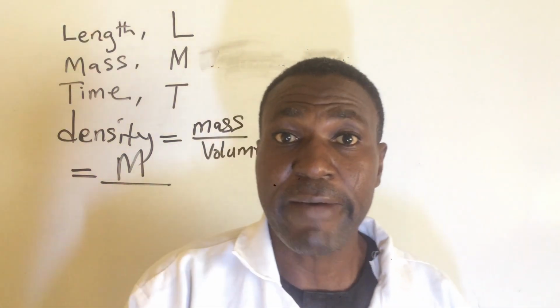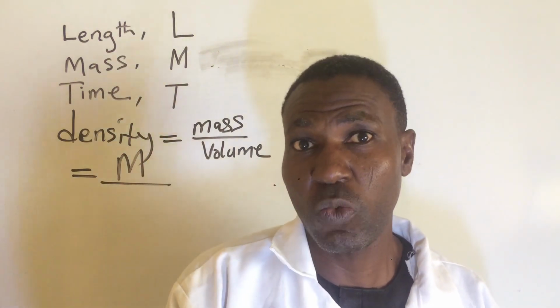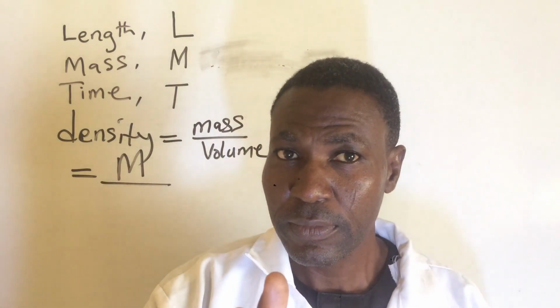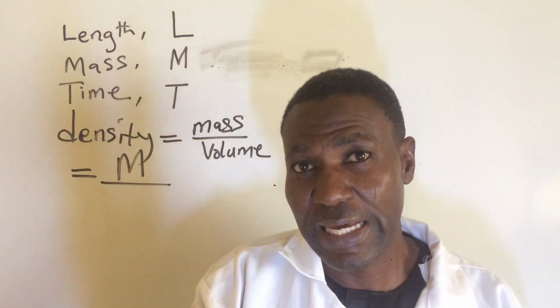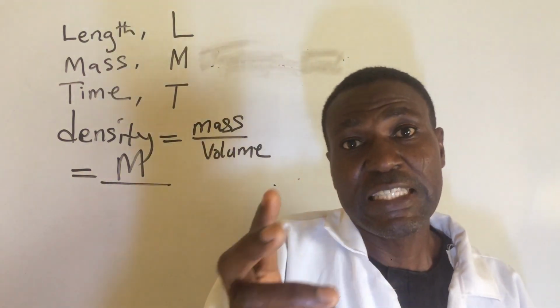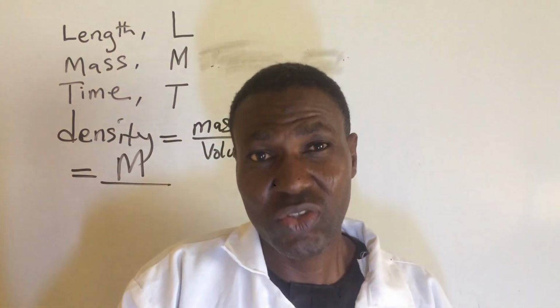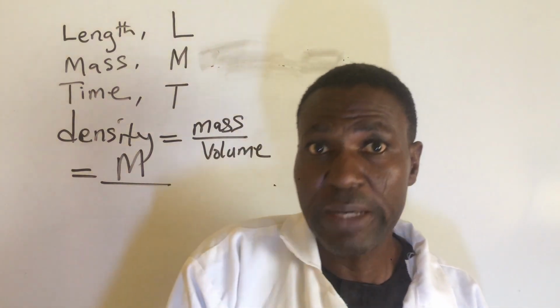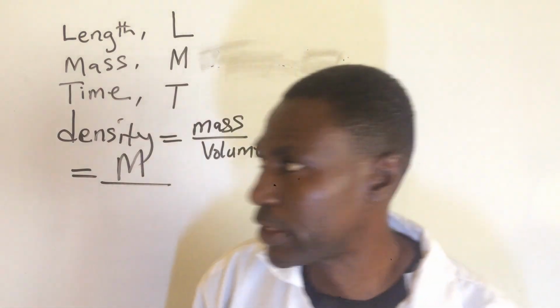You now have the right to say that the volume is equal to length times length times length. Instead of using length times breadth times height, you now use length times length times length, since all of them are represented by length, okay?